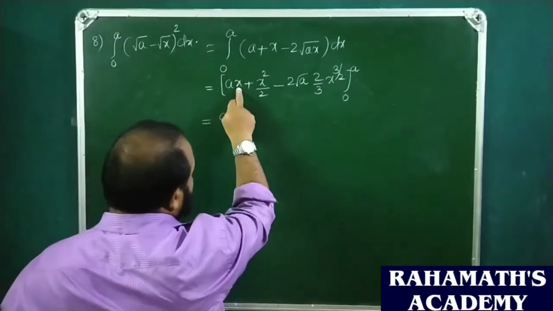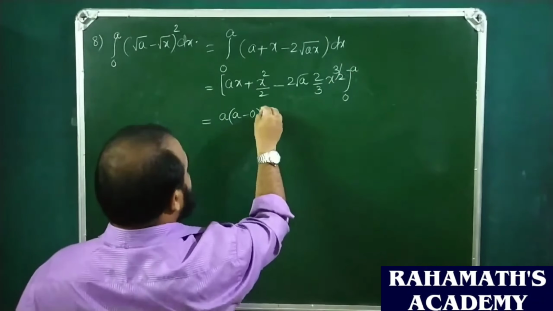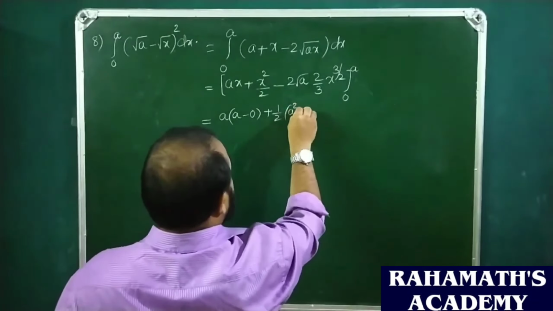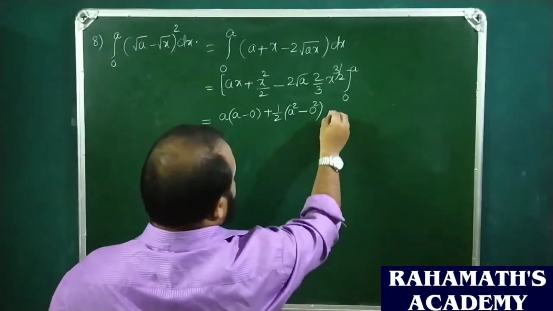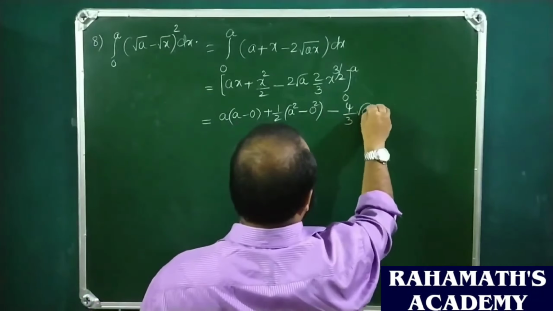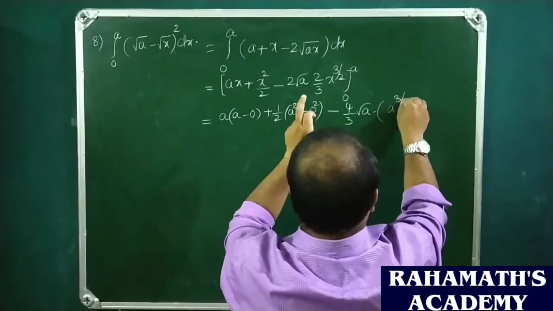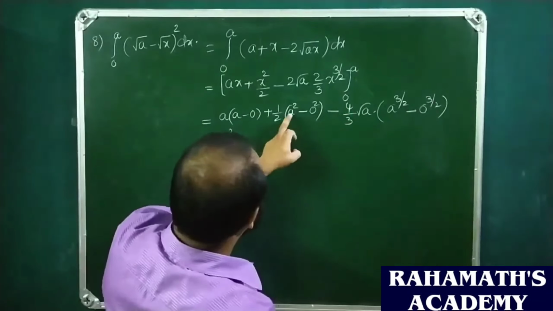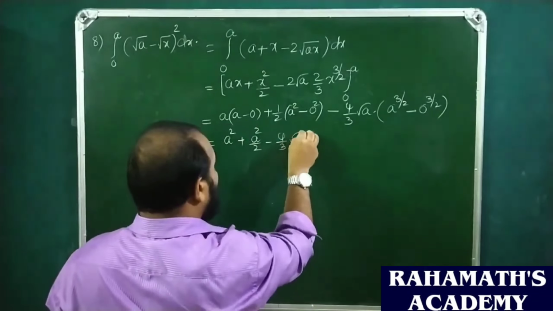So here in the place of x, upper limit minus lower limit, plus 1 by 2 into, in the place of x upper limit a square, minus in the place of the same x lower limit 0, square is already there, minus 2 2s are 4 by 3 into root a into, in the place of x upper limit a power 3 by 2, minus in the place of x lower limit 0 power 3 by 2. This is a square by 2 minus 4 by 3 root a.